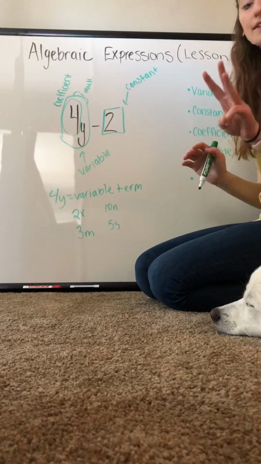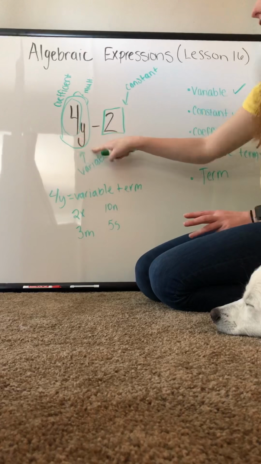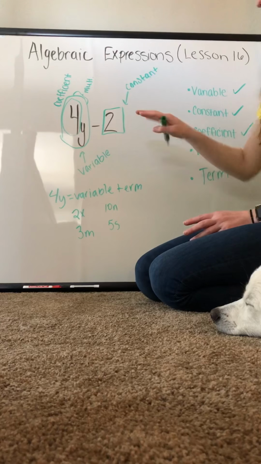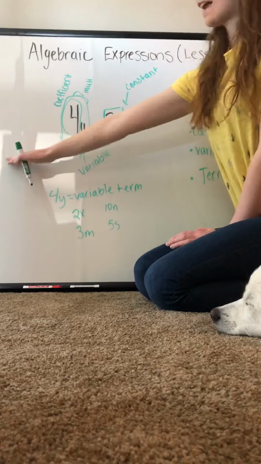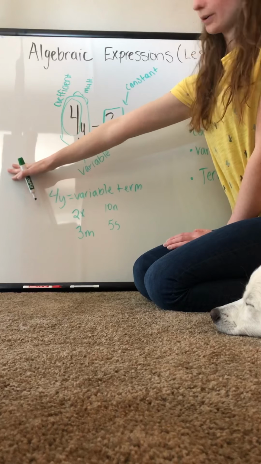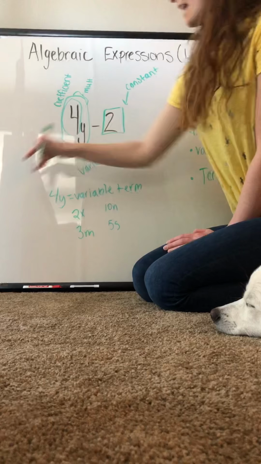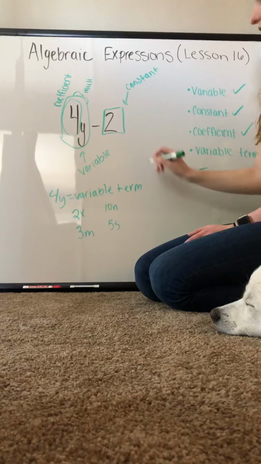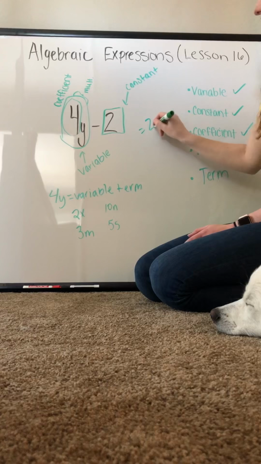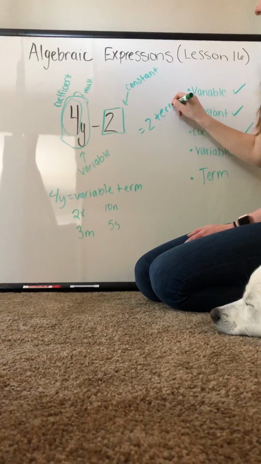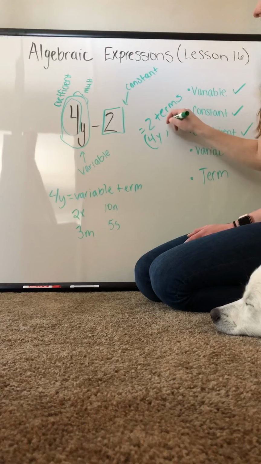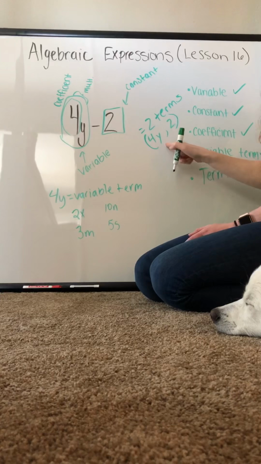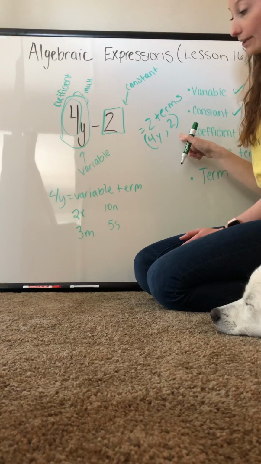So there's three ways it could be a term: a variable term, a constant, or just a variable. So if you just had an x, that would be a variable. So in this case, this expression only has two terms. The two terms are 4y and 2. So we have a variable term and a constant in this one.